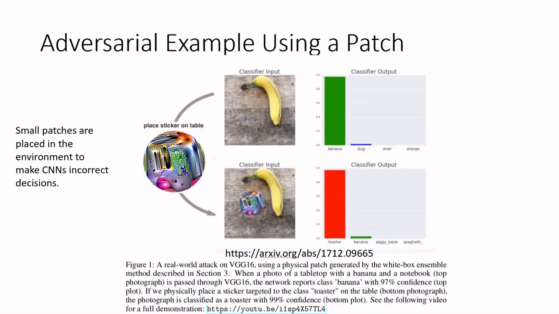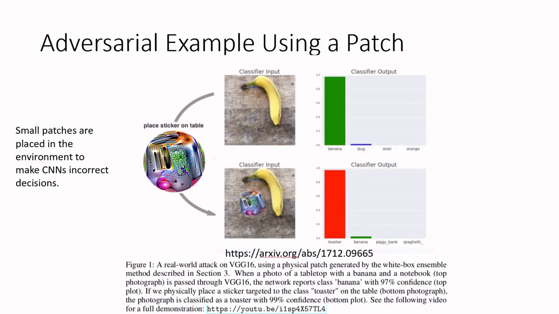Now, if this specially designed sticker is placed on the table close to the banana, and the picture is taken again, the network comes back with a decision that this is the image of a toaster. And it has a very high confidence in that, while the confidence that this is a banana has gone to almost 0.